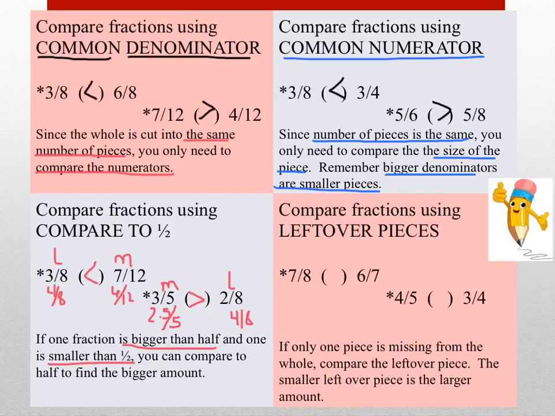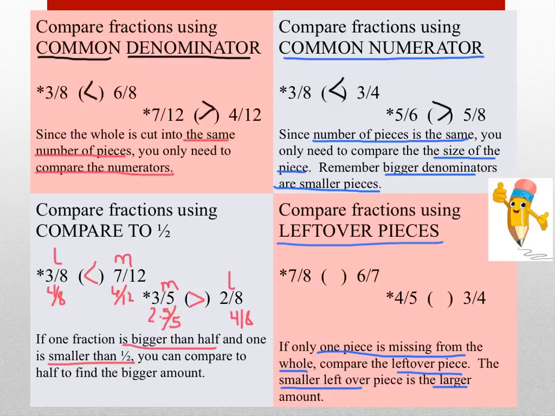Our final strategy for comparing fractions is to compare the leftover pieces. To compare the leftover pieces, I look for only one piece missing from the whole. I compare the amount left over. The smaller leftover piece represents the larger amount. So I'm going to look at 7/8 and 6/7.